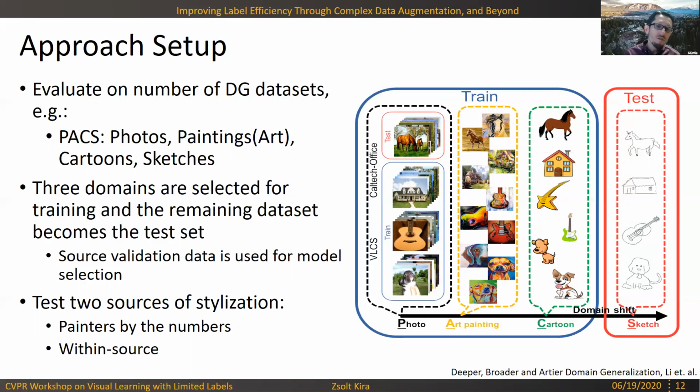But we also look at stylizing within the source. If we just stylize one source domain to another source domain, we're not using an extra piece of data such as Painter by Numbers, but can we still pick out these implicit biases, irrelevant features, or variability that exists within the source domain?